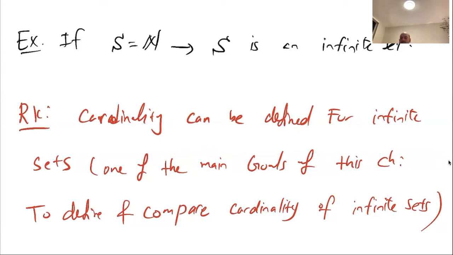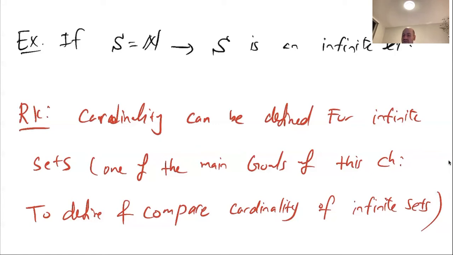We want a better, more precise comparison. We want a tool to compare the number of elements in two infinite sets. We don't want to just say that all of them are infinity. For example, we will see that real numbers and natural numbers are both infinite sets, but the cardinality of real numbers is bigger than the cardinality of natural numbers.